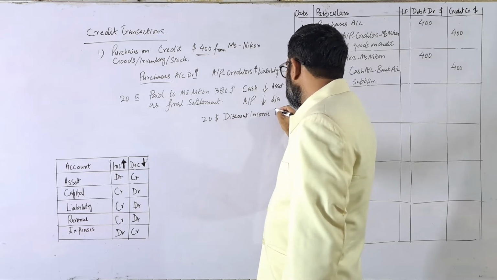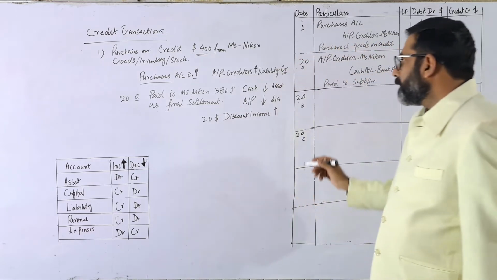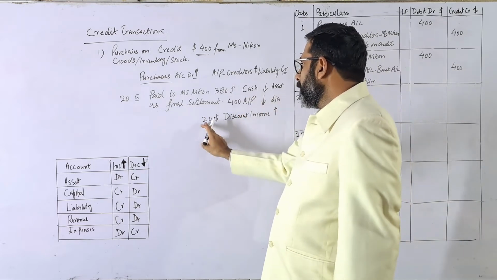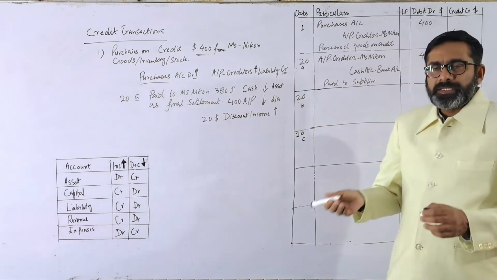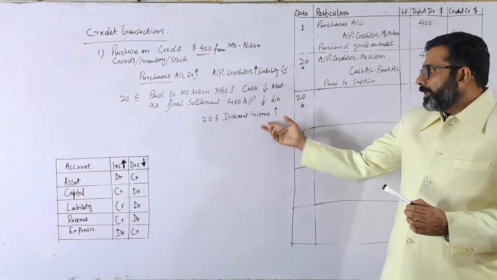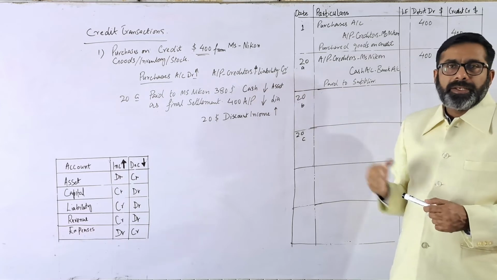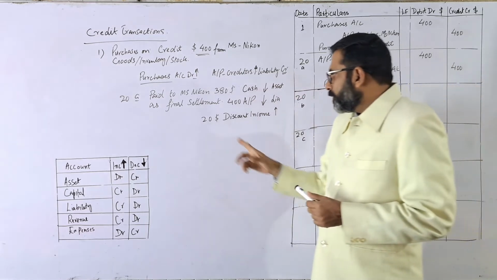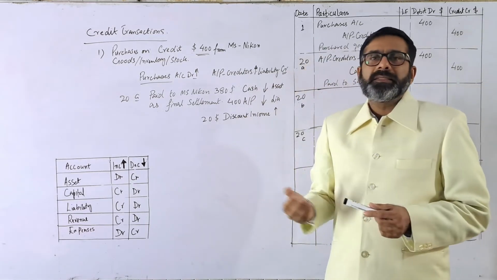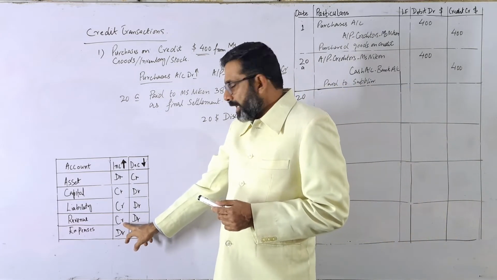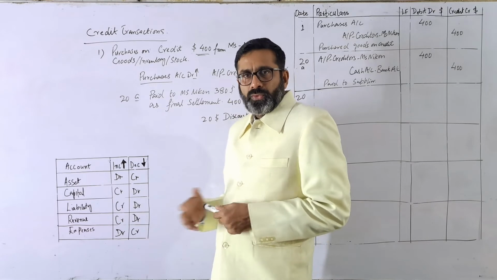So here the payable is decreasing by 400, but you are receiving a discount of $20, and the total amount you are paying is only $380. So discount income is like any other revenue.